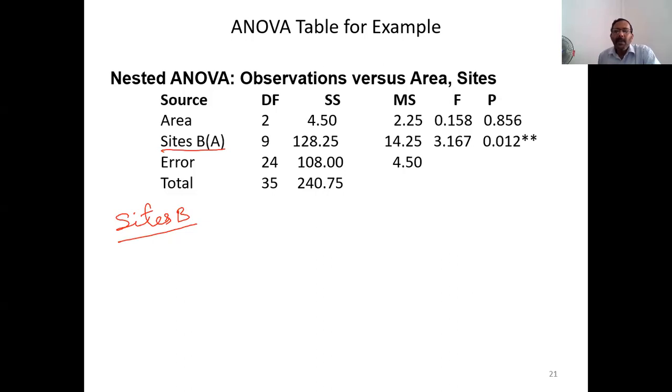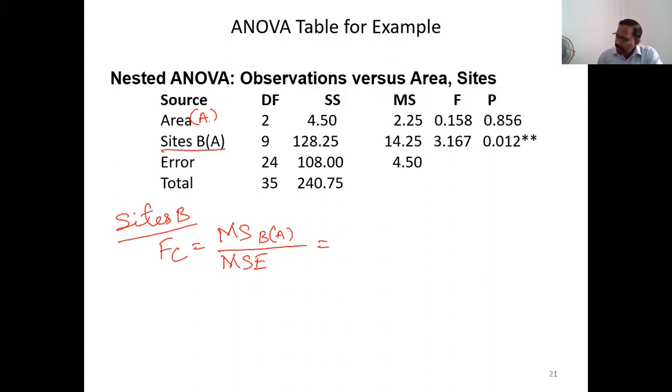Earlier we looked at factor A. Now we are looking at factor B. My calculated value is the mean square of factor B within A divided by the mean square of error.